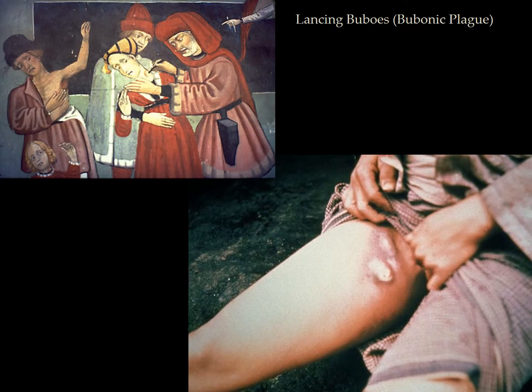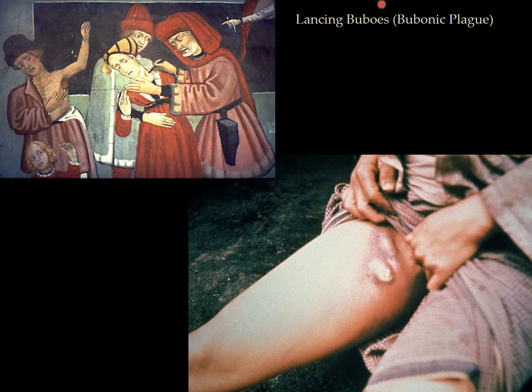So it is called the bubonic plague, however, because of the buboes that will form. These are going to be large protrusions around the lymph nodes of the neck, the groin, and the armpit. So they very often would lance these very painful protrusions with the liquids coming out of them.